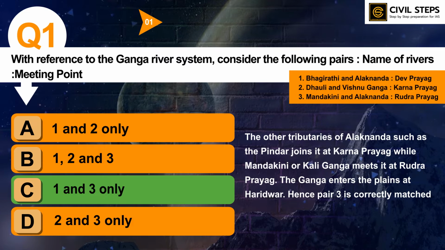Pair 1 is also correctly matched, while pair 2 is not correctly matched. So you should prepare this river system from standard sources, from maps. This is very important from the prelims exam point of view. Every year UPSC asks questions about this river system, so you should not leave this topic. So this was all about question number 1.